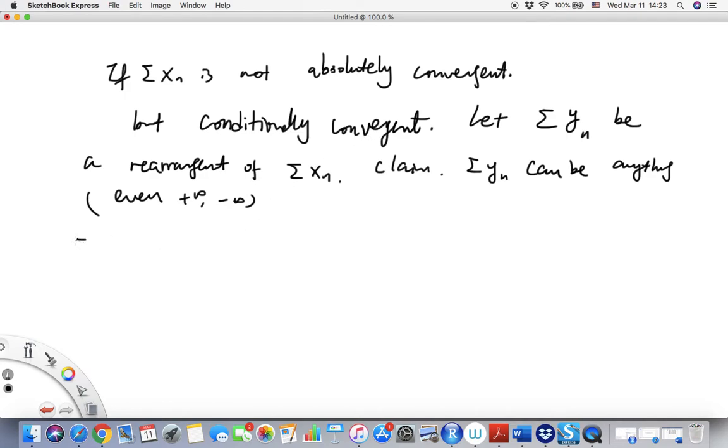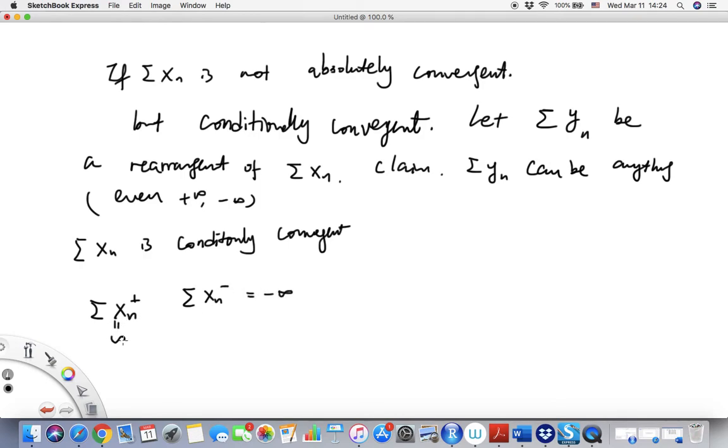Here's the idea. The sum of xn is conditionally convergent, so some of the terms are positive and some are negative. If you just sum up all the positive terms, it goes to infinity, and if you sum all the negative terms, it goes to negative infinity. So we can take out all its positive terms and all its negative terms. This is minus infinity, this is plus infinity.